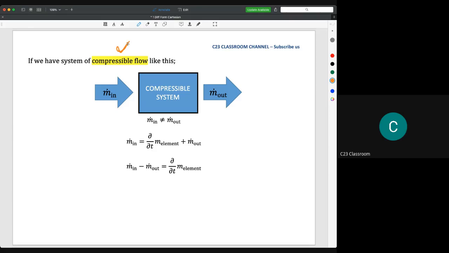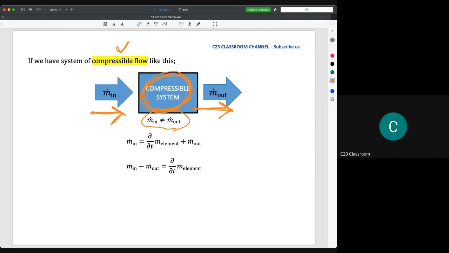So for compressible flow, okay, same idea. Maybe we could input the gas here. So the gas will become a liquid at this tank, and then maybe the flow out here is not equal or not the same with the inlet. So we could write as mass flow rate at inlet is not equal to mass flow rate at outlet.